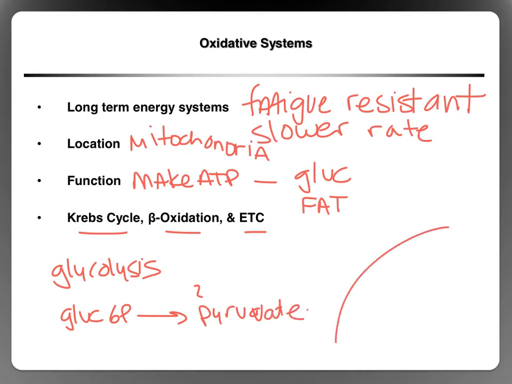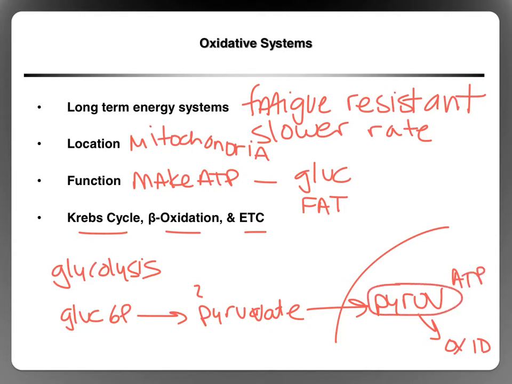Okay, and if those go into the mitochondria, okay, they go into the oxidative systems. So we can now make ATP from pyruvate, which originated as glucose.